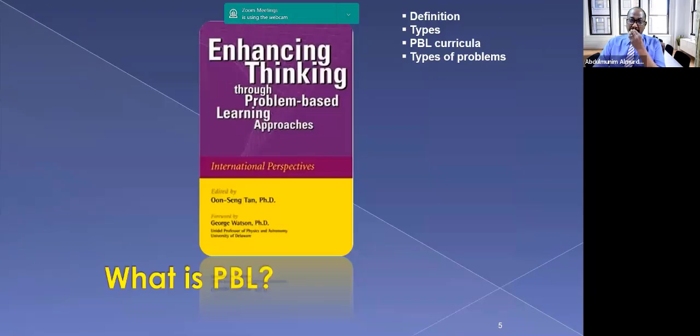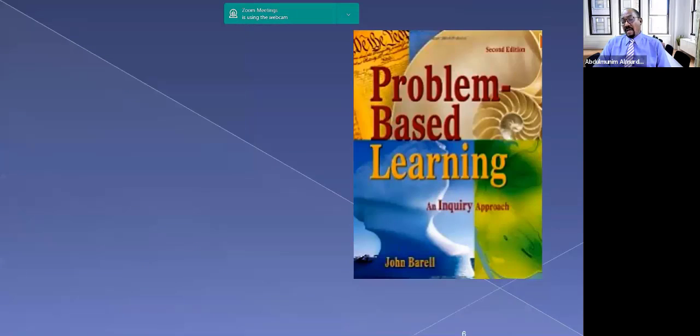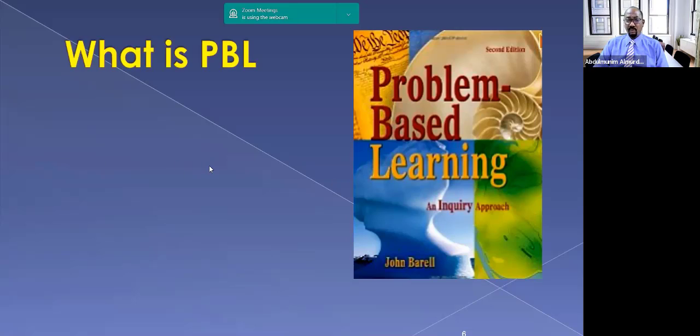Now, we will start by defining what problem-based learning is. In fact, there are many definitions in the literature. There are lots of books written on the subject, and this one is called problem-based learning and inquiry approach, and they are actually making inquiry larger than the other words. So there are many definitions. I'm going to pass very quickly through some of them by authors.